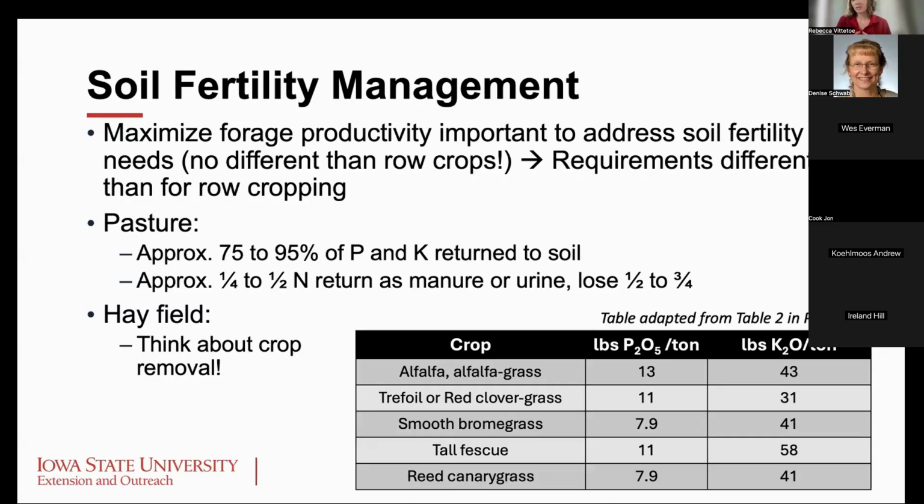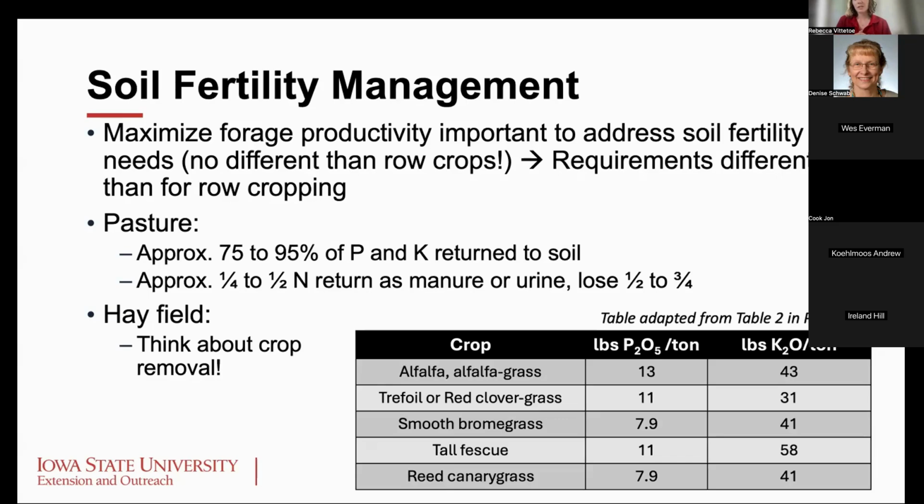But with that nitrogen, we do have a risk of losing some of it. And obviously in a hayfield, when we're harvesting and taking that forage off, we need to think about the amount of nutrients that we're taking off with that as well.